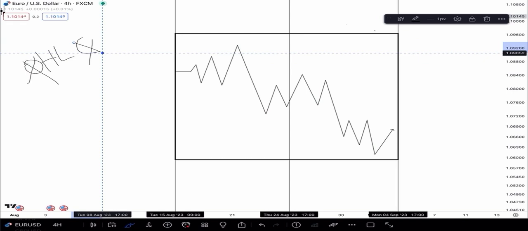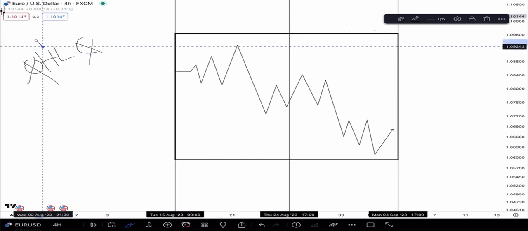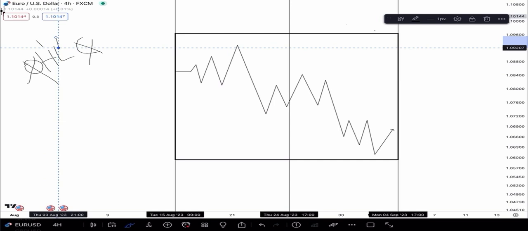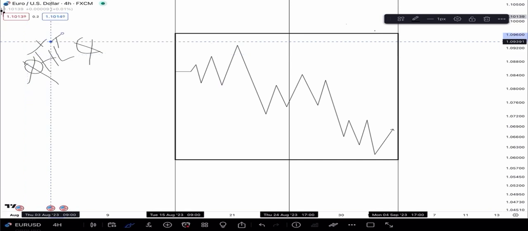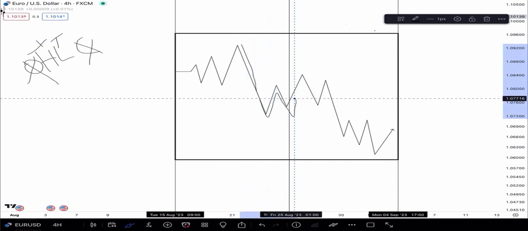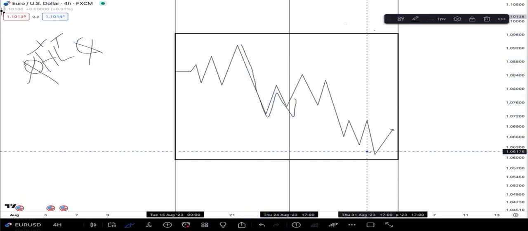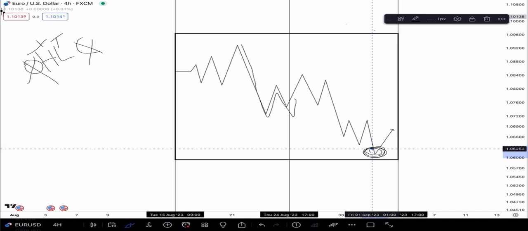All you have to do now is anticipate the high and the low. Doesn't have to be the absolute high, doesn't have to be the absolute low. If you can catch a high until half of the candle, or just this portion, right?